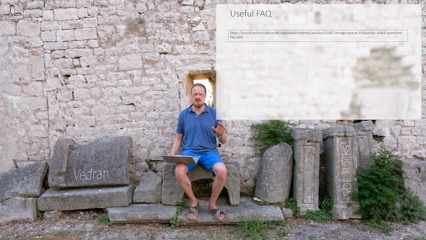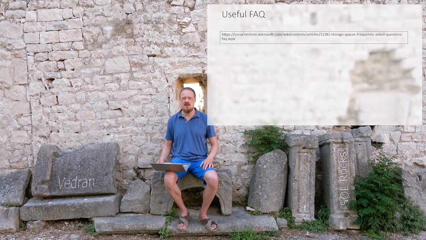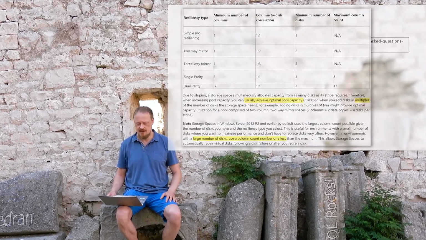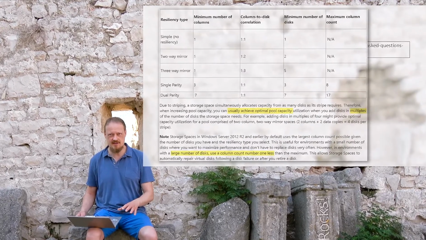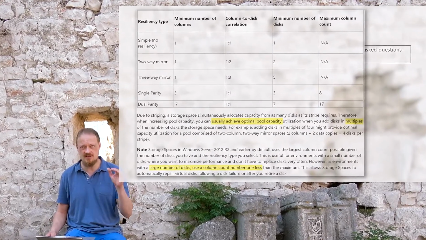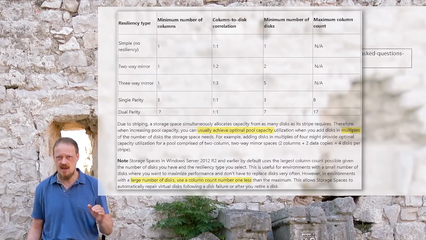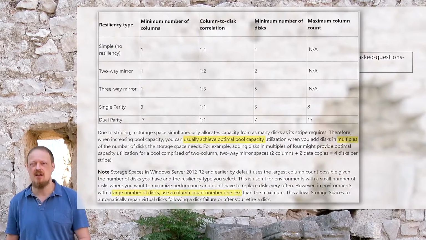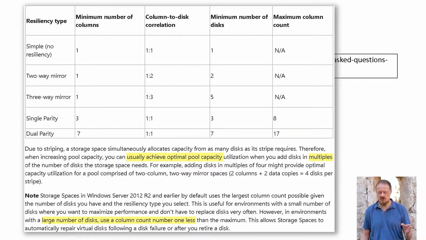Frequently asked questions from Microsoft page, very useful to read. Please visit this URL. One interesting table there is table with all resiliencies of virtual disks and how column maps to disks, physical disks. Usually, you have one column equals one physical disk accessed at once. For example, if you have 2 columns in simple, that means you will write to 2 disks at once, 2 disks in parallel.